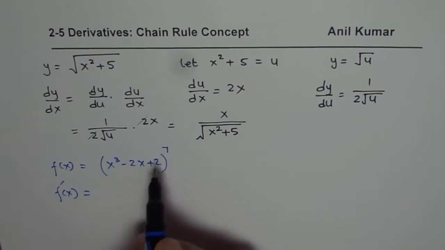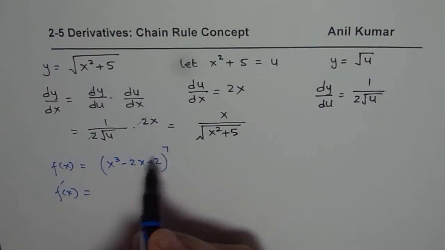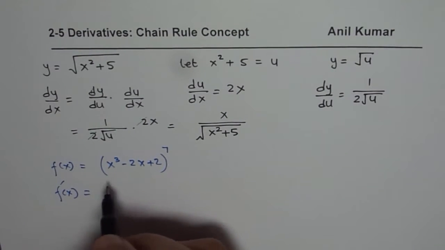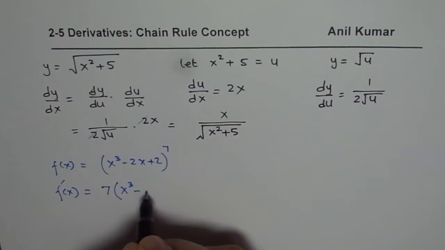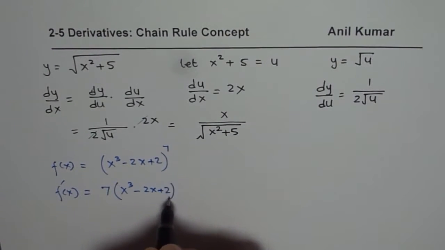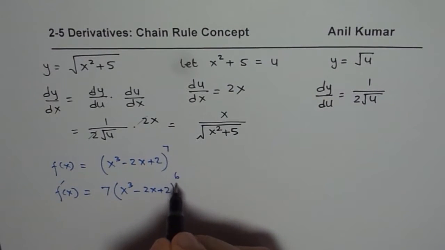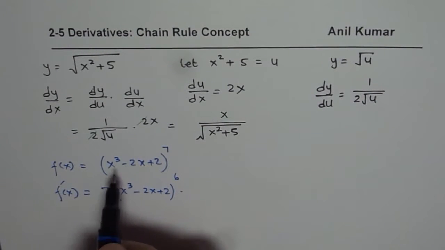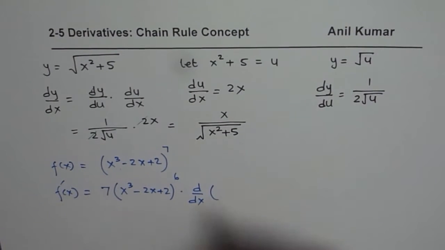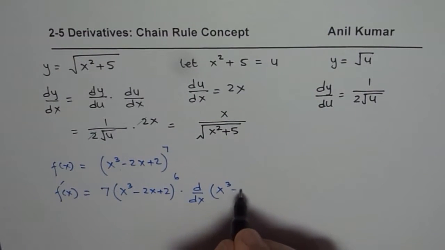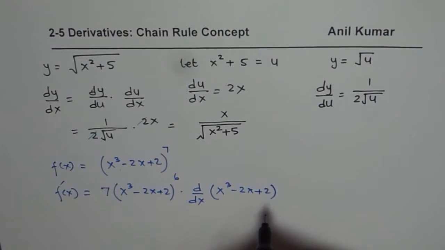So that is the derivative of the outside function, which is 7 times all this, x cubed minus 2x plus 2, to the power of 7 minus 1, which is 6, times the derivative of, let me write d/dx of, the inside function, which is x cubed minus 2x plus 2, right?